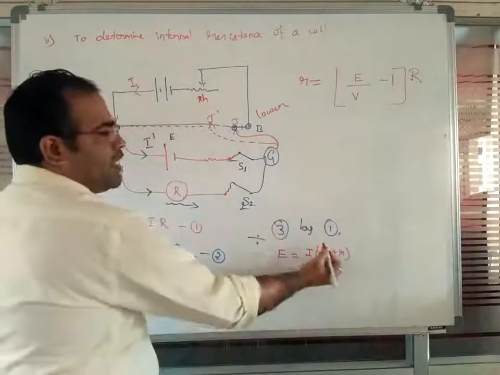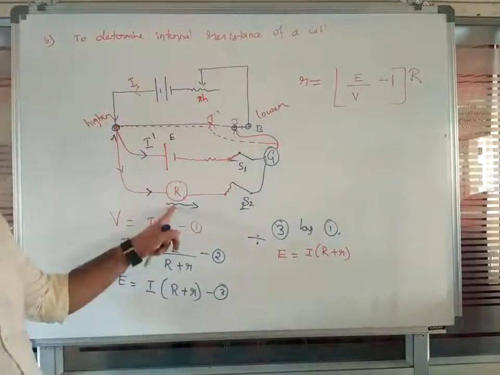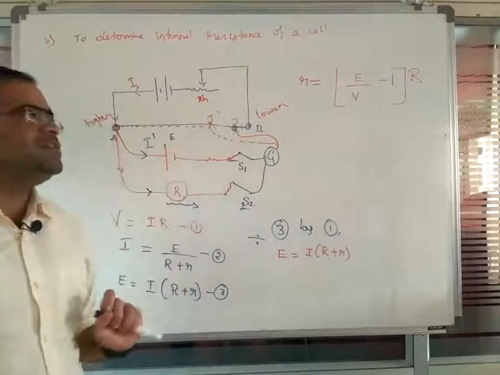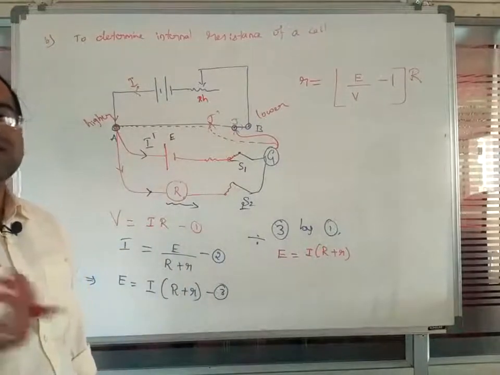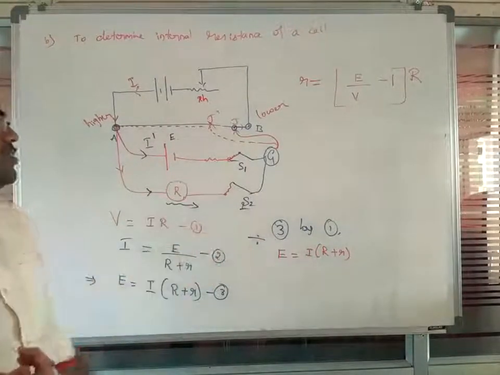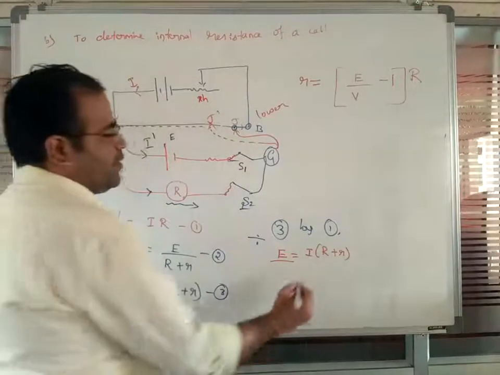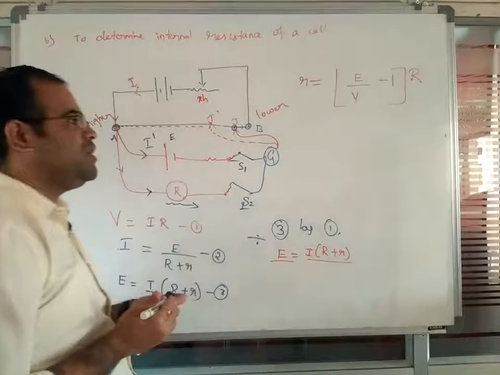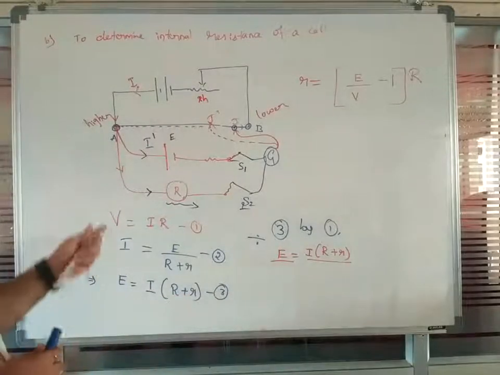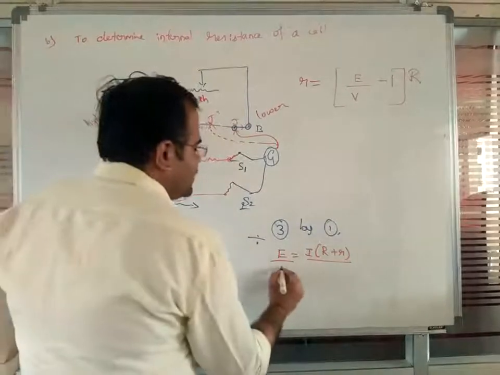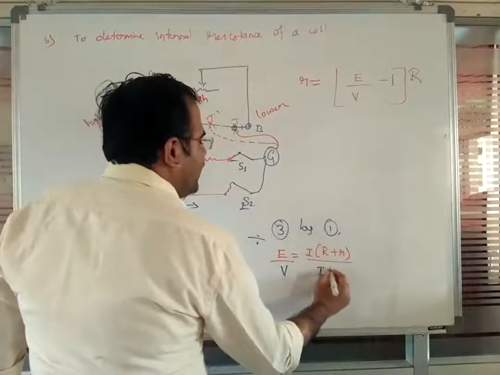Here capital R represents external resistor and small r represents internal resistance of a given cell. ಯಾವ cell ಕೊಟ್ಟಿರುತ್ತೆ ಅದನ್ನ identification ಮಾಡಿ. So I will divide it by the first equation. What is the first equation here? V is equal to I into R.